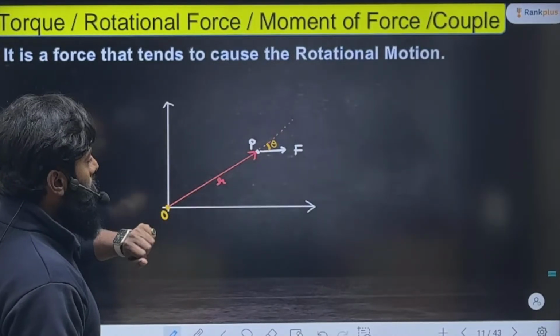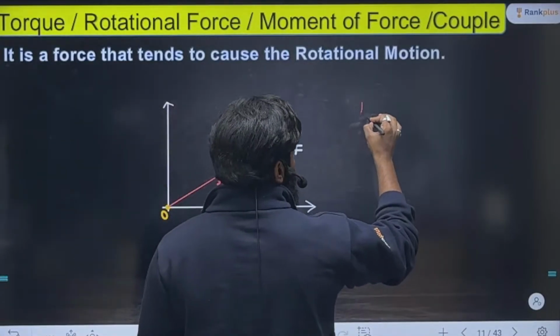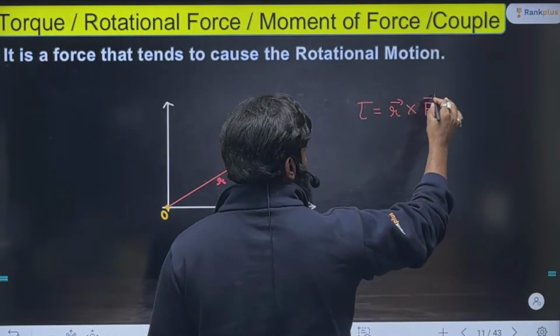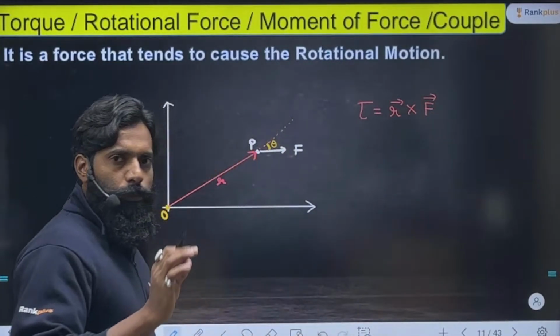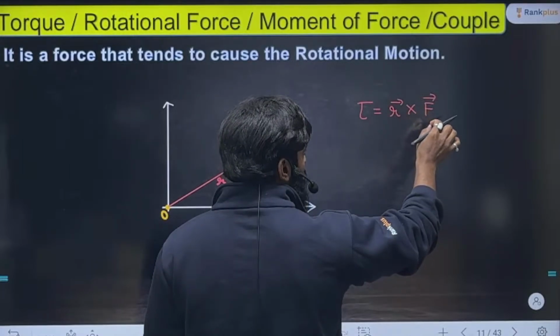So to get the torque, there is a formula R cross F. Torque is basically the cross product of the radius vector and the force vector.